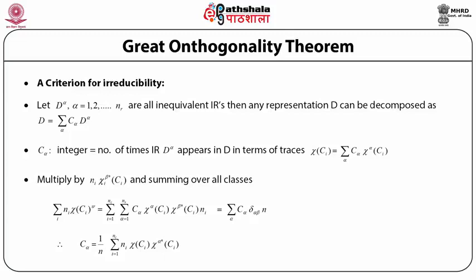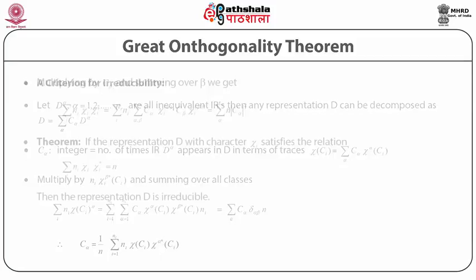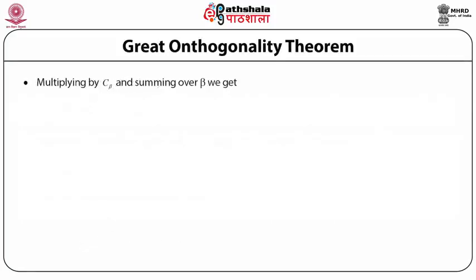Now, from the orthogonality of the characters, this can be written as the sum over alpha of C alpha delta alpha beta n. Therefore, C alpha is equal to 1 upon n, sigma over I from 1 to nc, where nc is the number of classes, of ni, the number of elements in the class, multiplied with the character chi of the class Ci and the character chi alpha star of Ci.